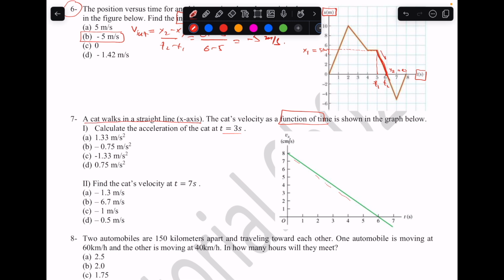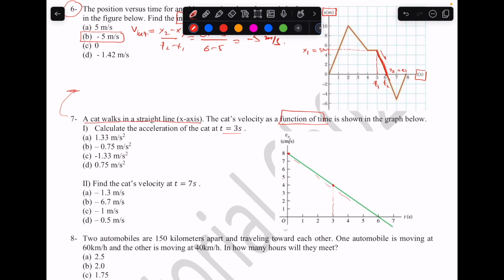We will get it similar to question number 6. What we did, we select 2 points, at this point and at that point. So we have this point and this point.